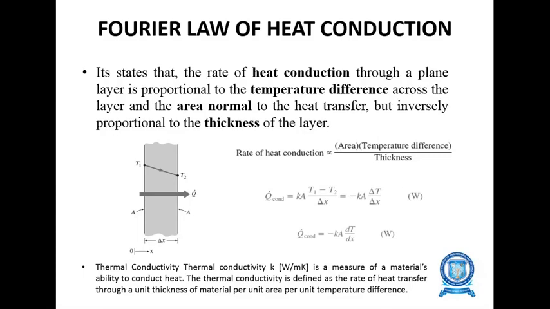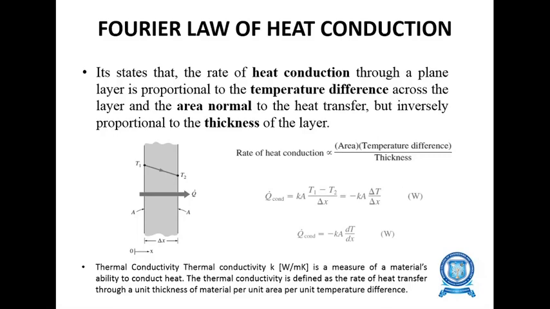That means for conduction heat transfer, the thermal conductivity plays an important role. Every material has a specific thermal conductivity. According to the thermal conductivity alone, we decide whether it is a conductive metal or a non-conductive element, right?